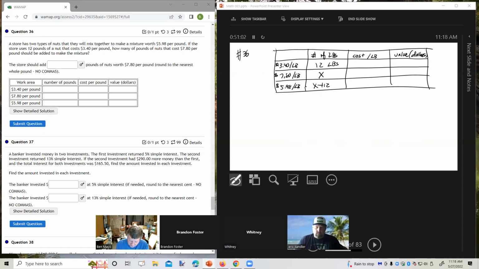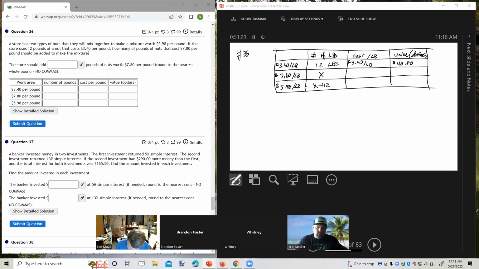So we've got 12 pounds at $3.40 per pound. So what's the value of that? If we take $3.40 per pound times 12 pounds, here's where we're going to multiply. The total value is $40.80. And then let's see here.